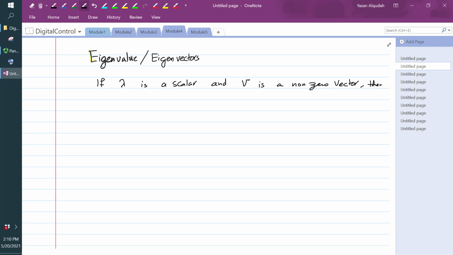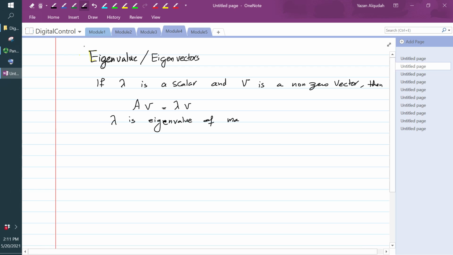then if I take A multiplied by v, and this happened to equal lambda multiplied by v, then we call lambda the eigenvalue of the matrix A, and we call v the associated eigenvector.